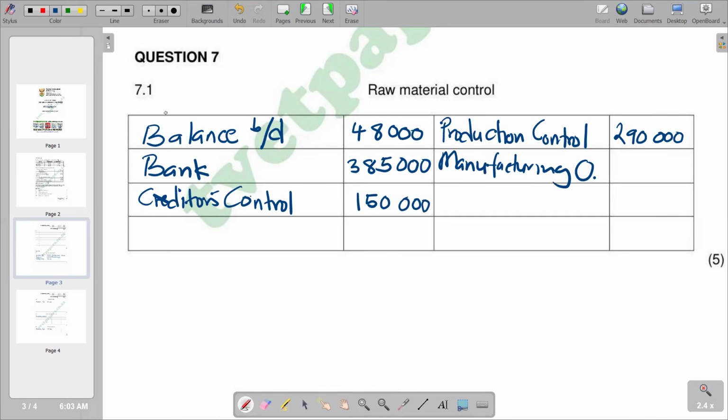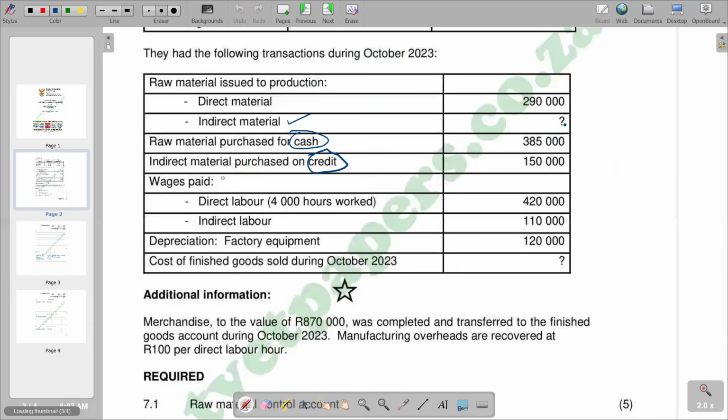And then we move on to the next part whereby you now see wages paid. We got direct labor, 4,000 hours worked, with 420,000. So this 420,000 is supposed to be debited to the production control.